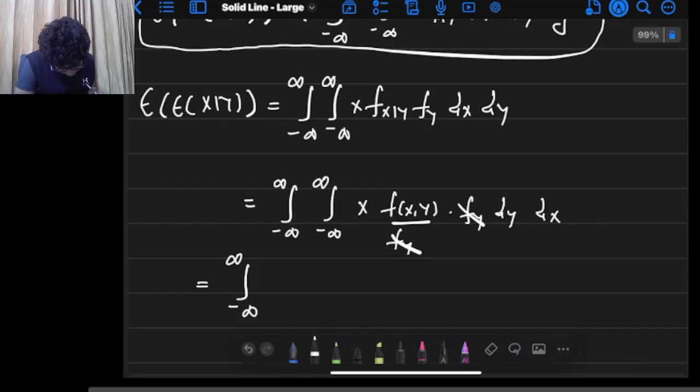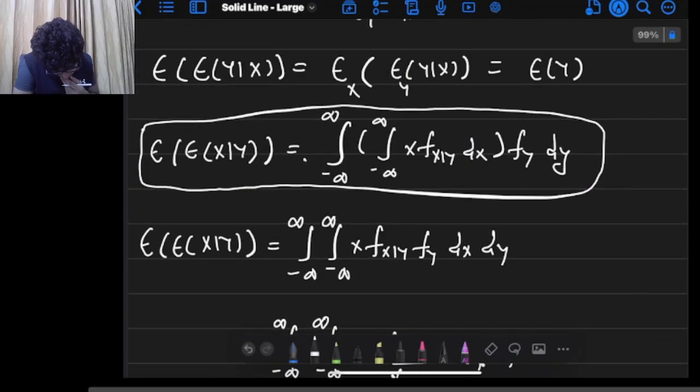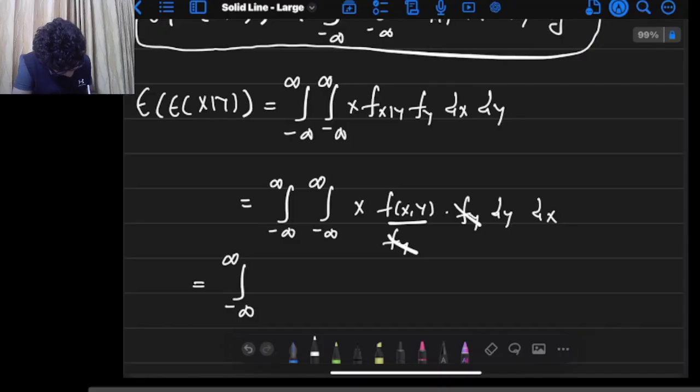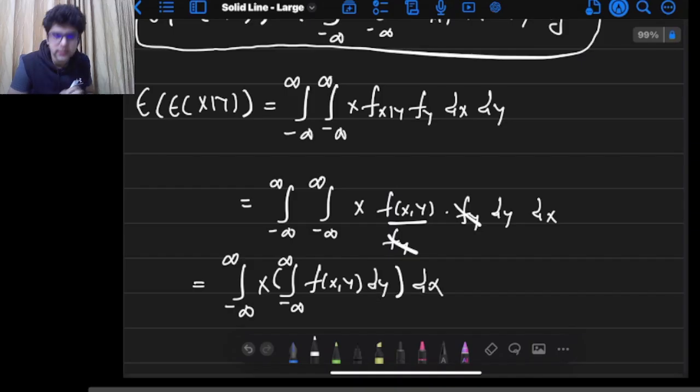So I'm left with x f(x, y). Now x comes outside, and I am left with the integral from negative infinity to positive infinity of f(x, y) dy, and let me write dx outside.